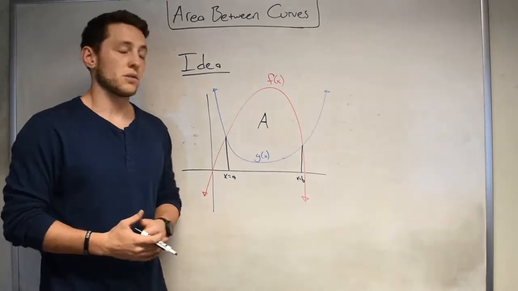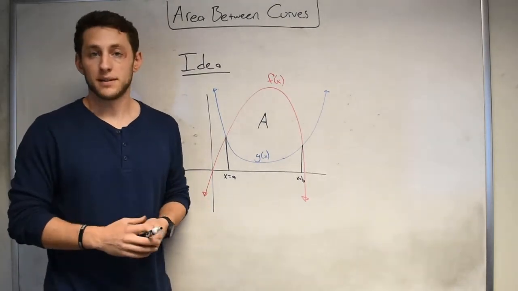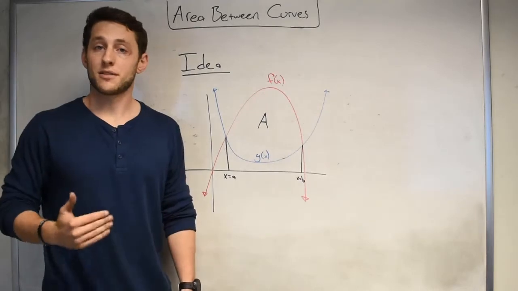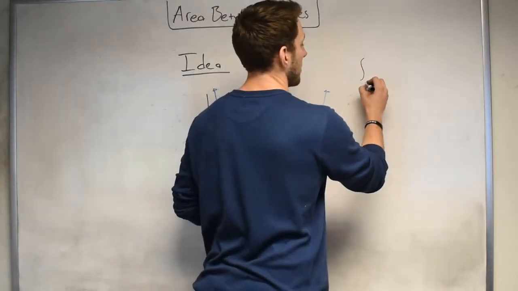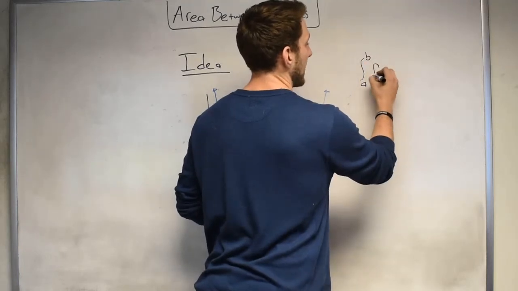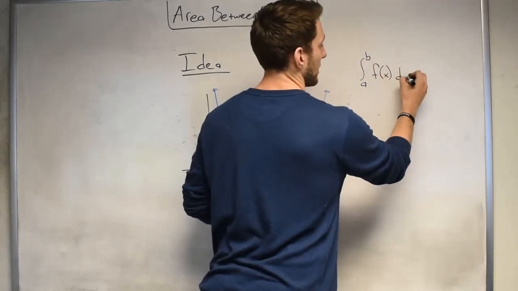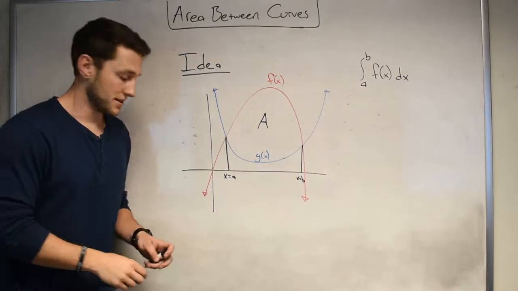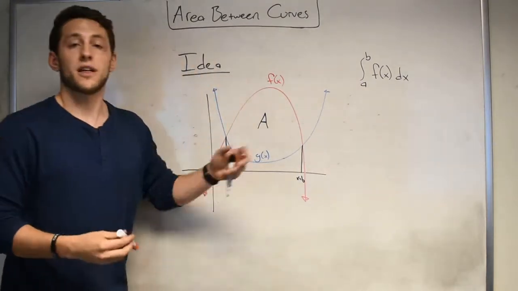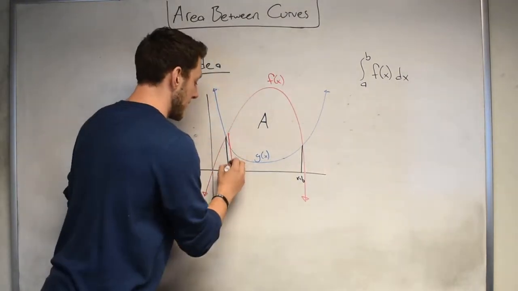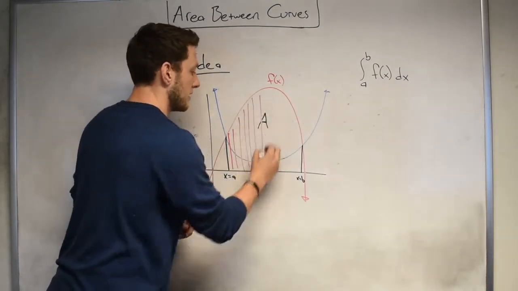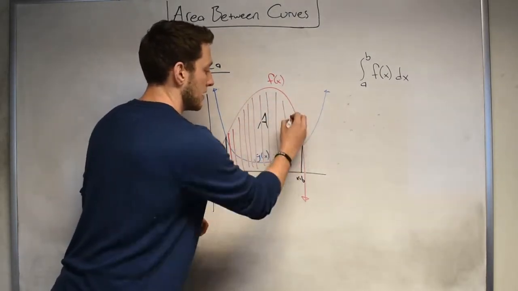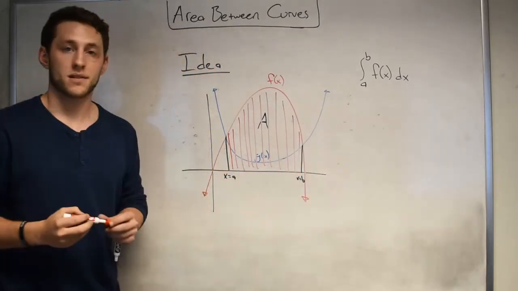Well, this might not seem so clear on the surface as to how to do it, but it turns out integration is your friend. For instance, if I were to find the integral from a to b of just my regular function f of x, my top function, that would give me this entire area in red, all the way down to the x-axis.